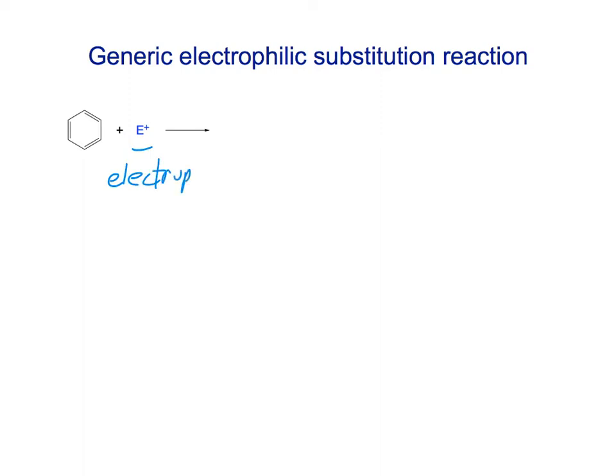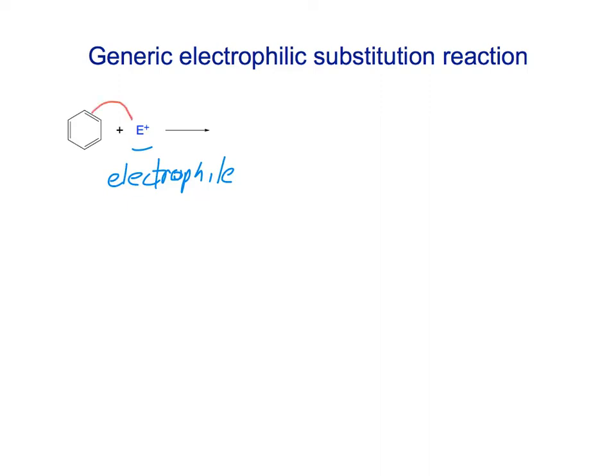So let's look at the generic sequence here. I just have this E plus, which is just going to be our electrophile. When we look at various reactions in this chapter, they're just going to differ in what that electrophile is. Like with alkenes, the first step is going to be one of the pi bonds, and this is partly why we draw out distinct pi bonds instead of just a circle, because it's easier to keep track of the electrons.